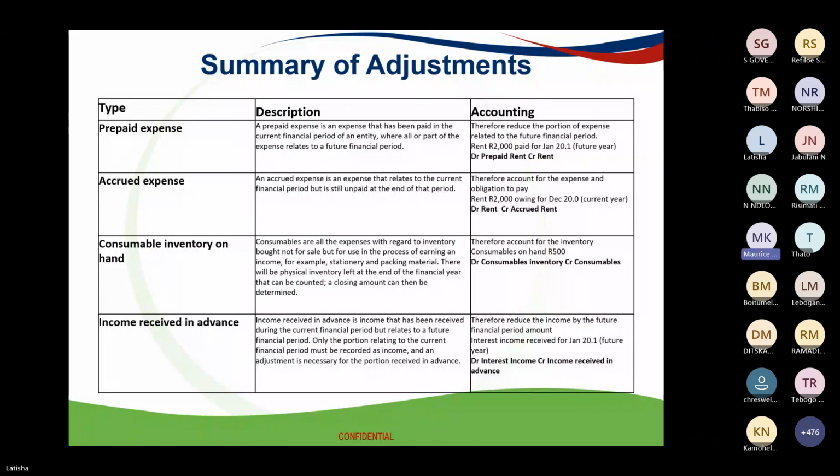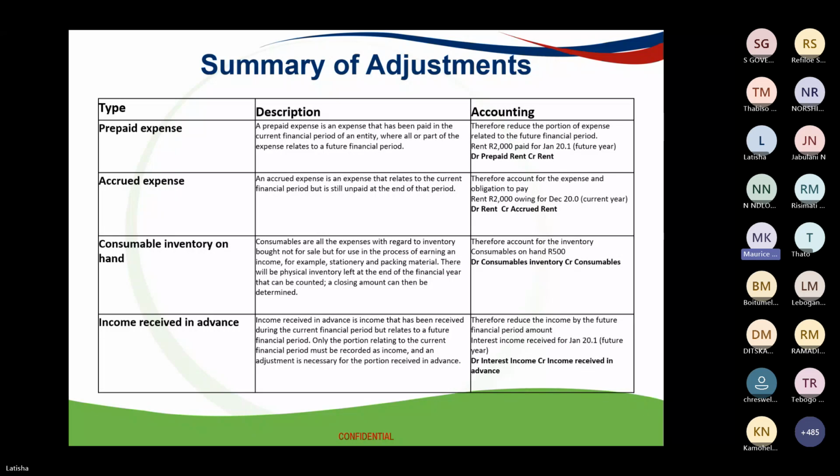I hope you got me, or you want me to repeat? Okay, I will repeat. So if a certain portion of the expense relates to the following year, it means it is a prepaid expense.